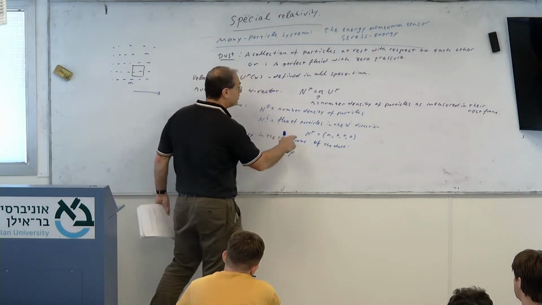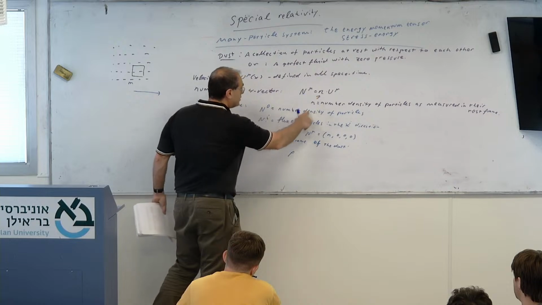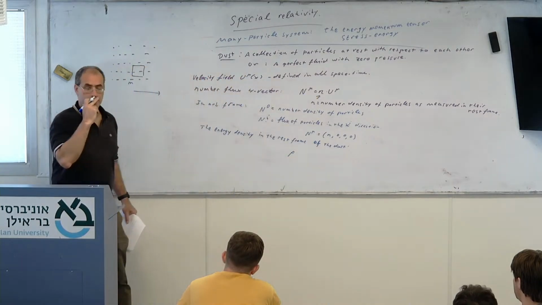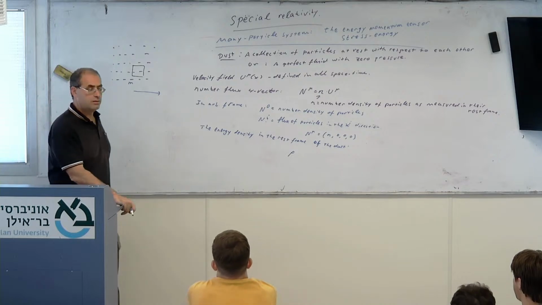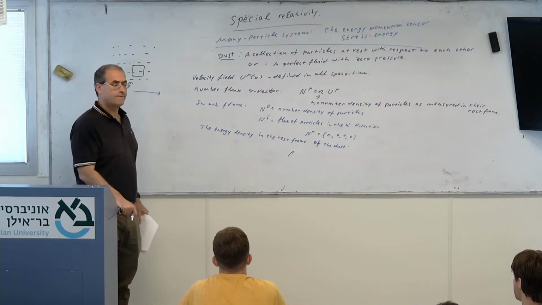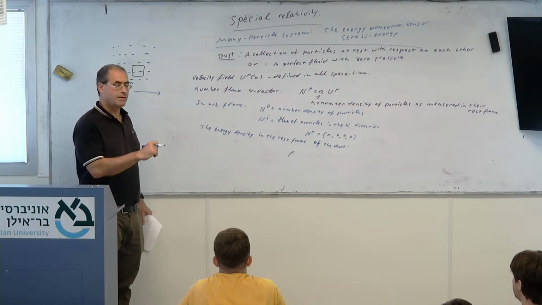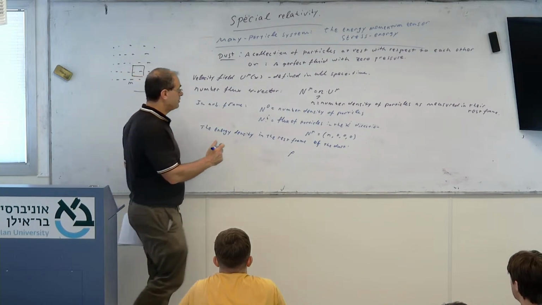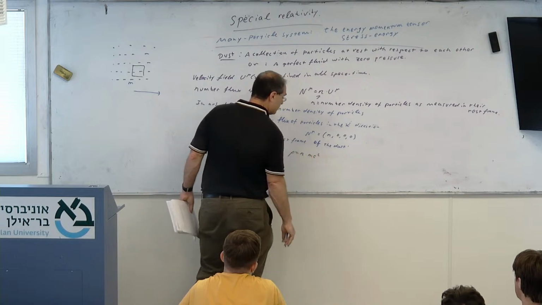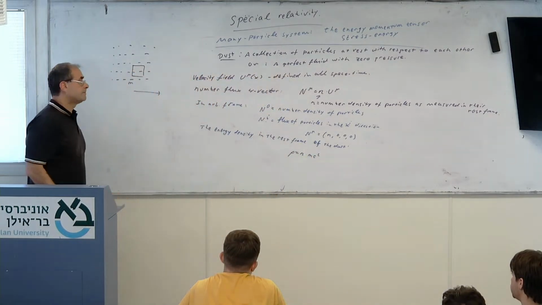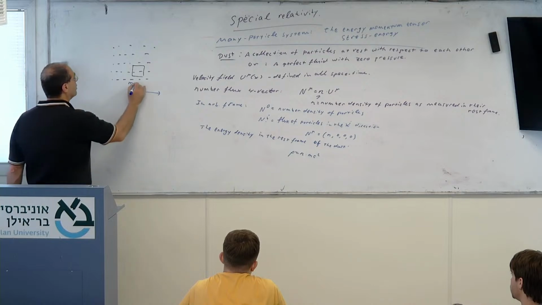So I use different symbols: n for number density and rho for energy density. If I need charge instead, I have a rho_c. Rho, what is it? Small n times m c squared. Just n times m c squared, where m is the same for all particles.